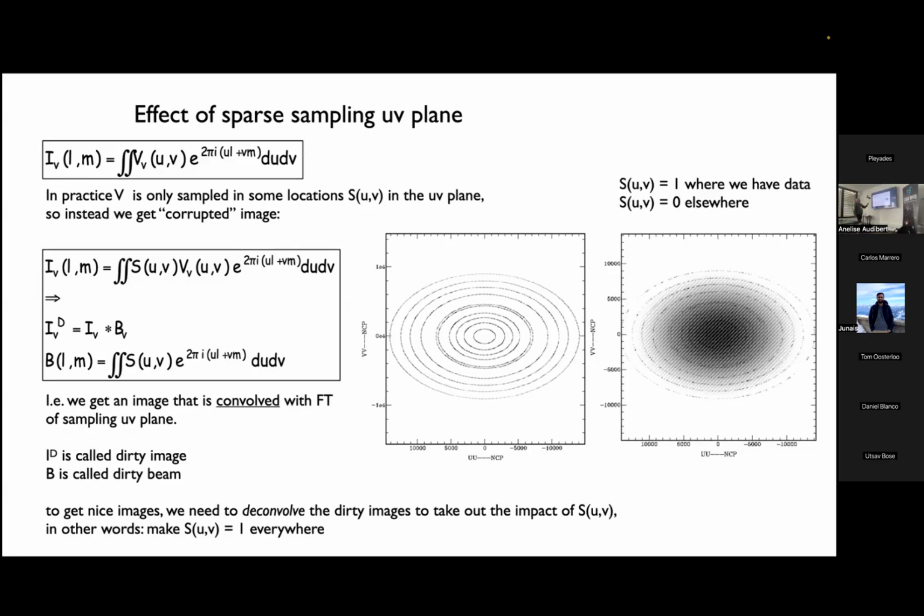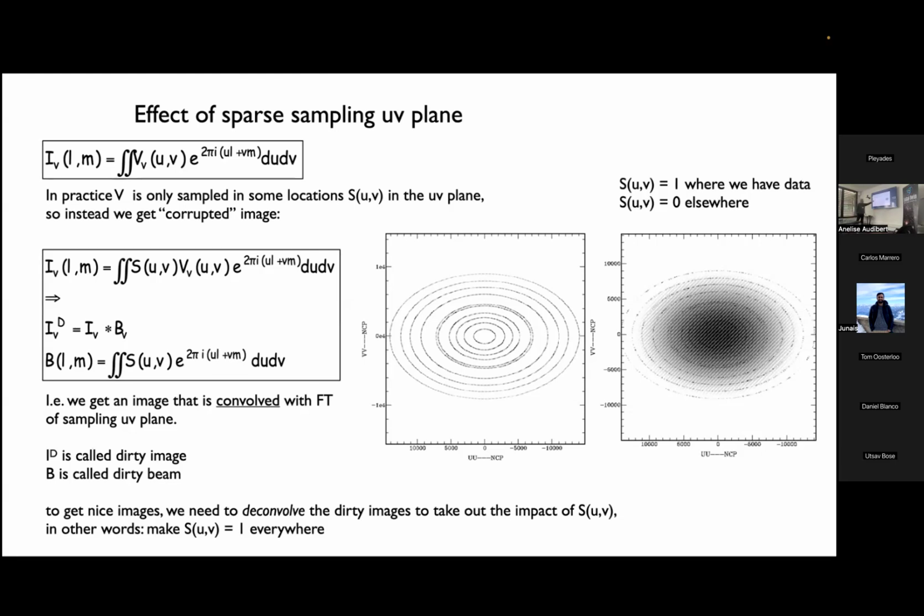The sampling function is 1 where we have a measurement and 0 where we don't. Roughly, this is the sampling function: it's 1 along these tracks and 0 in between. So what we measure is the true visibility multiplied by this sampling function, and then to make the image, we do the Fourier transform.